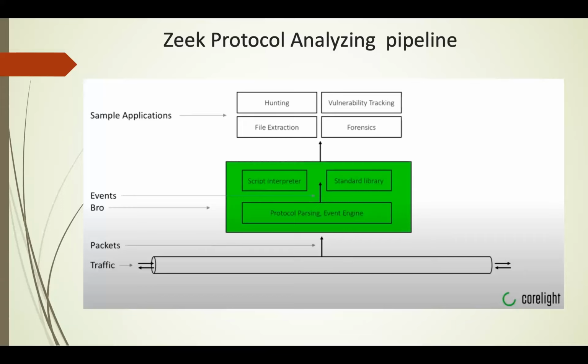That's where the script interpreter and standard libraries come in, and that's where the Zeek scripting language comes in. You just have to know what event gets produced whenever Zeek encounters a protocol, and handle that event in your script and do whatever you want with the information passed to script land via that event. And then you can do all kinds of different integrations with other applications, like file extraction, hunting, or forensics, etc.